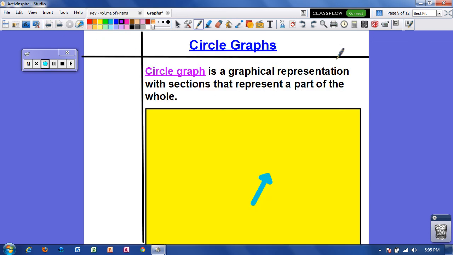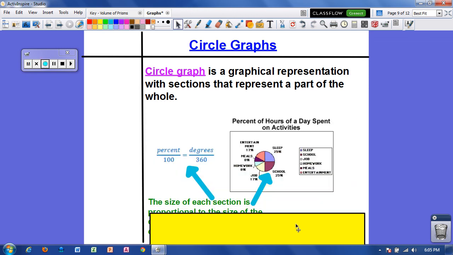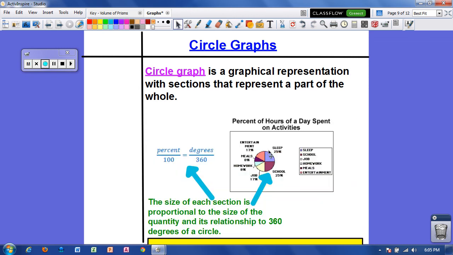All right, circle graphs. So a circle graph is a graphical representation with sections that represent a part of the whole. So a circle graph is simply just a circle and it's split up into different sections. Now, a circle has 360 degrees total. So whenever we look at circles, we're usually using percentages to represent each section.